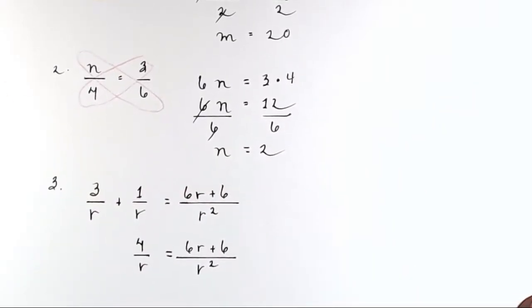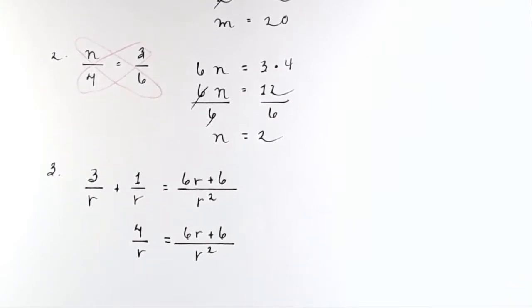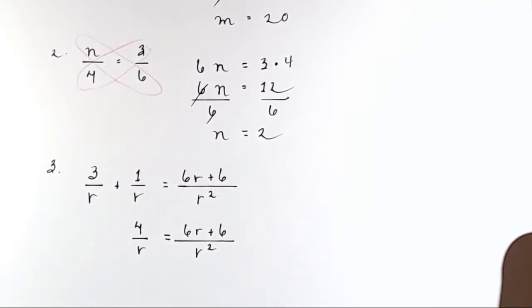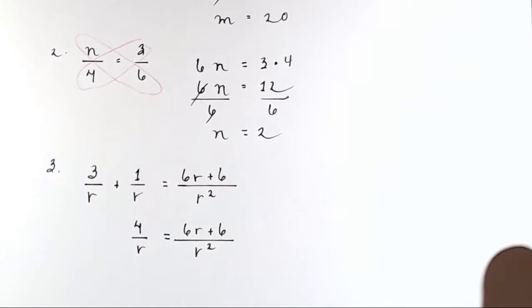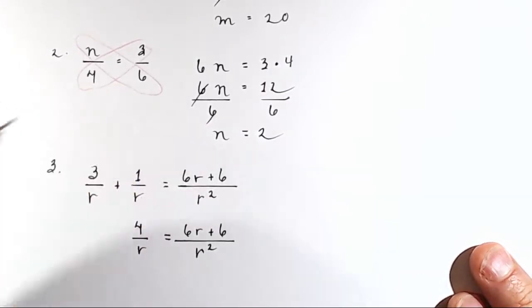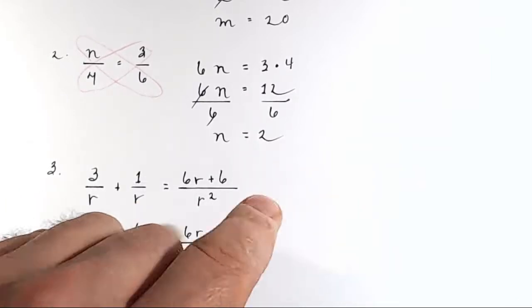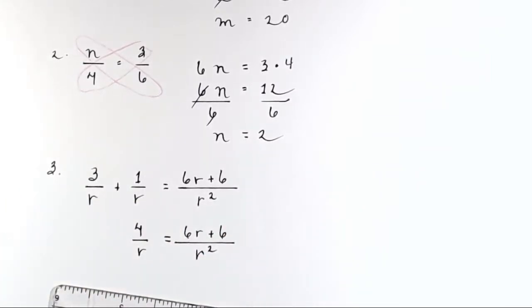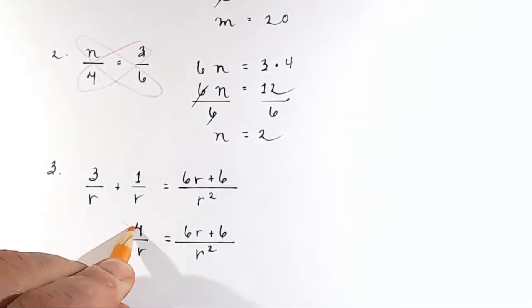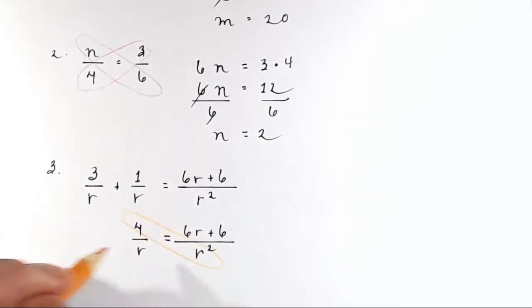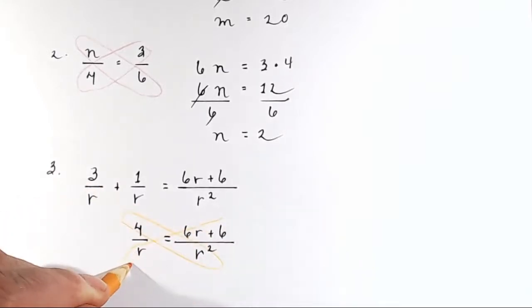So, what do we do at this point? Well, it's just a proportion, because you've got 4 over r equals 6r plus 6 over r squared. It's just a big proportion. So now let's do the butterfly method and try to capture all this.